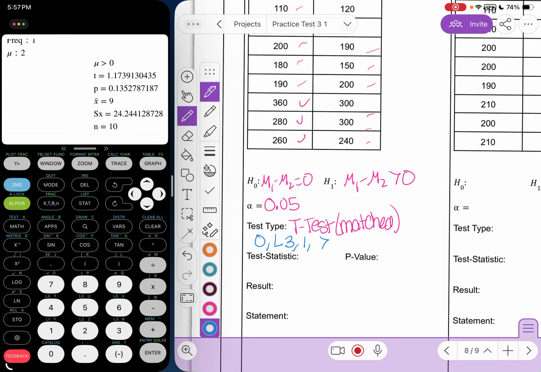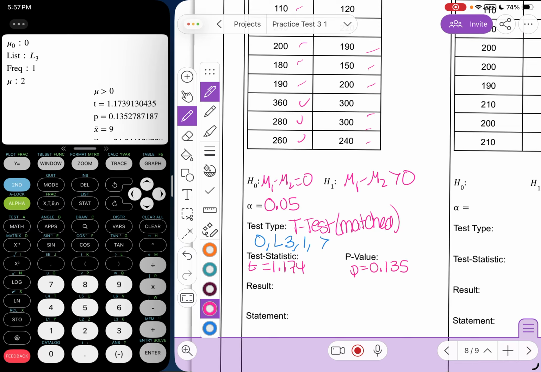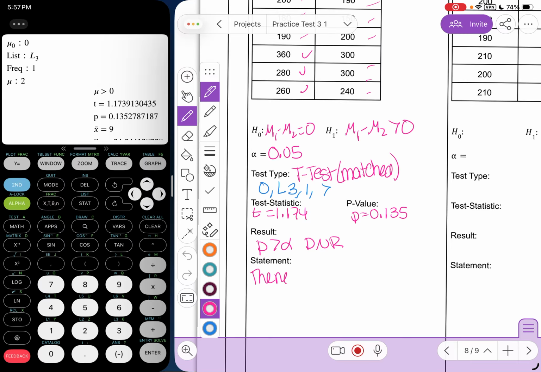Calculate. So my test statistic, 1.174. P is 0.135. So in this case, P is greater than alpha, so we do not reject, which means there is not evidence to show the diet lowered cholesterol.